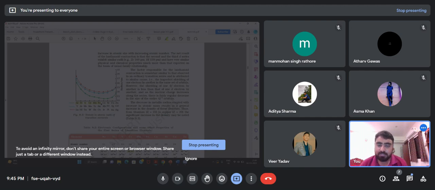From scandium to iron, the size will decrease, and from iron to cobalt, the Z effective and screening effect are nearly equal. So here it will be equal to sign, and as you go to nickel, copper, and zinc, the screening effect dominates over Z effective. Hence, if the screening effect dominates, the size of zinc would be greater than copper and size of copper would be greater than nickel.